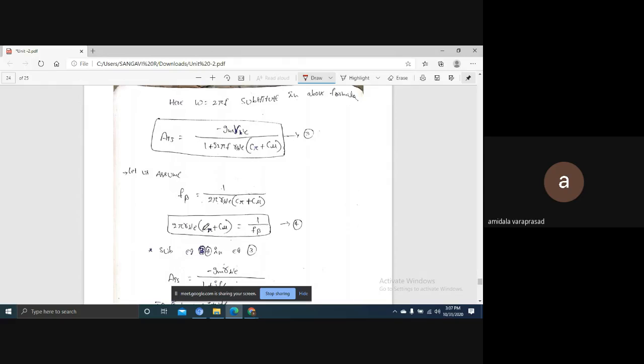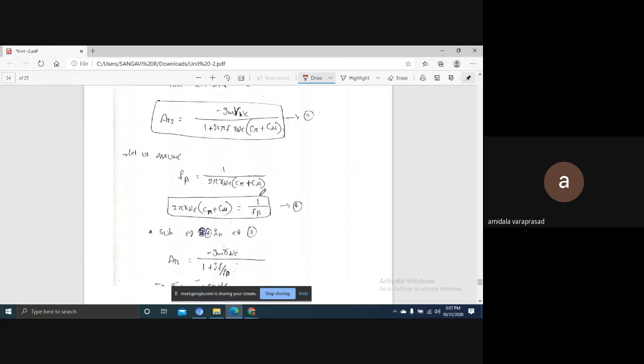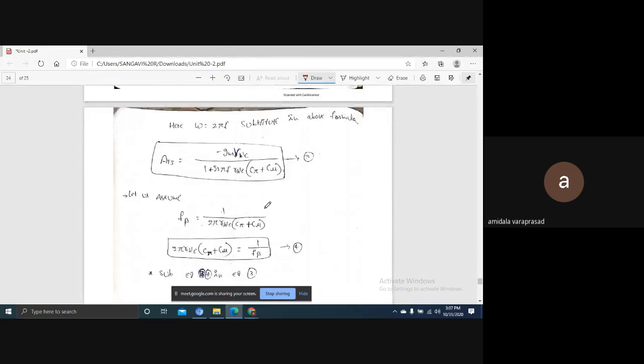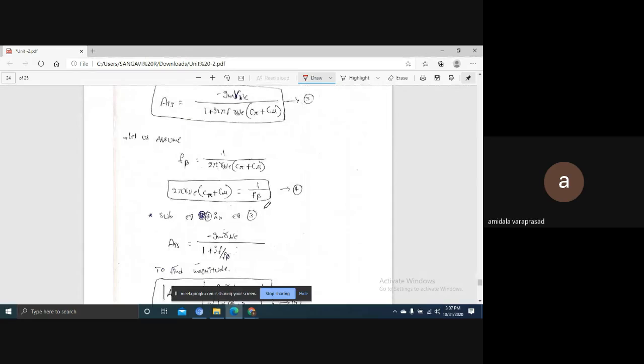You substitute equation 4 in equation 3. This is equation 3, and in this one you can substitute this equation. Then in place of f beta, what can I write now?